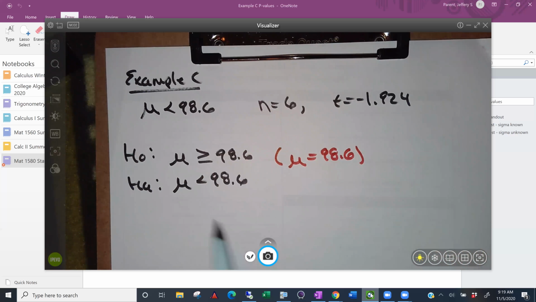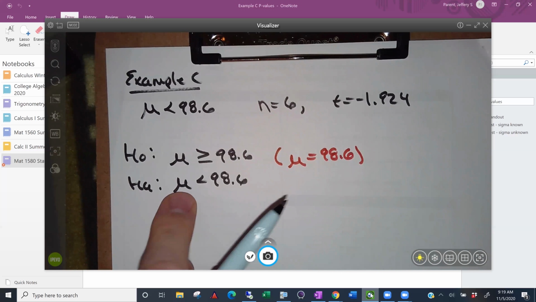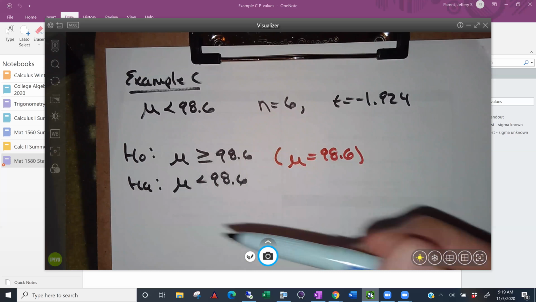Now, what tail test is this one? Left tail, right tail, or two tail? Left tail. All right, so it's a 2-to-1 vote right now. How about one more? Which one? Left tail. Left tail, good. So when the parameter is on the left side like this, the inequality points in the direction of the tail. So that's a left tail test.